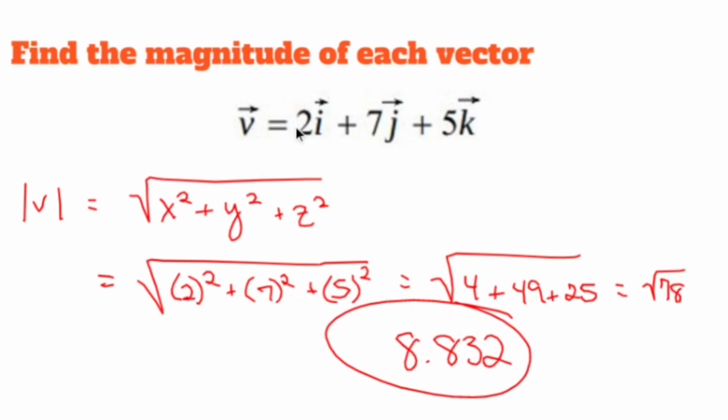So if you were to imagine a 3D arrow pointing somewhere in space, this guy is 8.832 units long. In space!